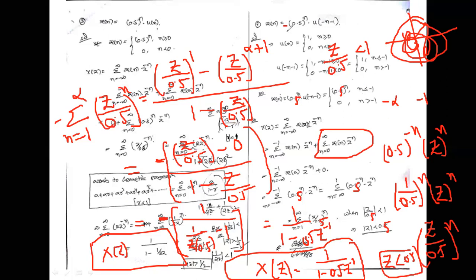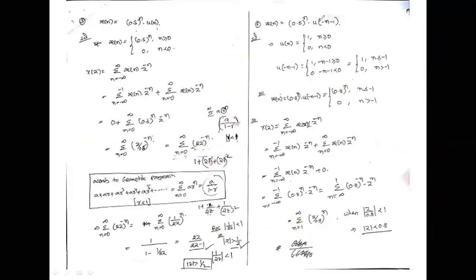Got it, my dear students? Modify this as minus (0.5)^n u(minus n minus 1). Remember this one. Both the functions we were given, (0.5)^n u(n) and minus (0.5)^n u(minus n minus 1), the X(z) function is the same, but the ROC is different. For one the ROC is greater than 0.5, and for the other the ROC is less than 0.5.